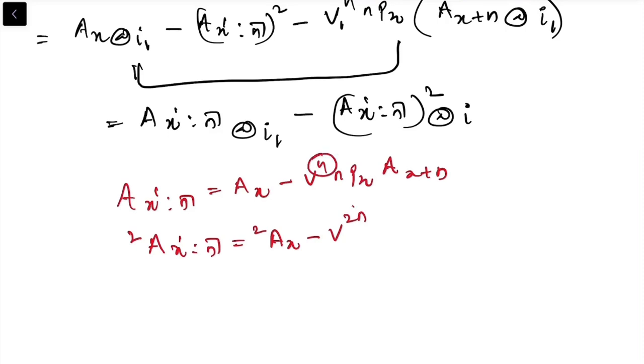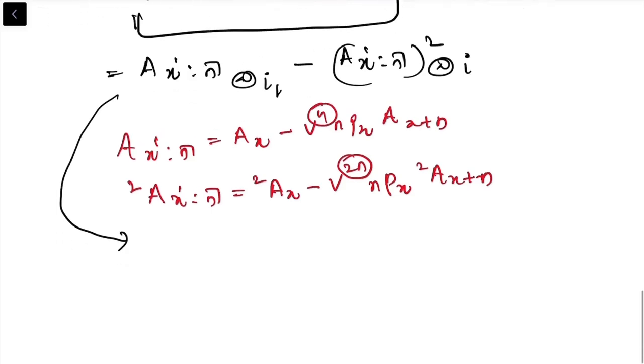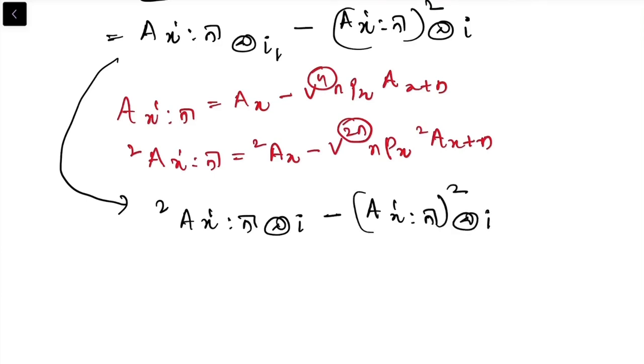Please focus here, this is 2n, this is where you can make a mistake. All right, so we can write 2A^1_x:n at the rate i minus (A^1_x:n) whole squared at the rate i, and this is the variance of the present value.